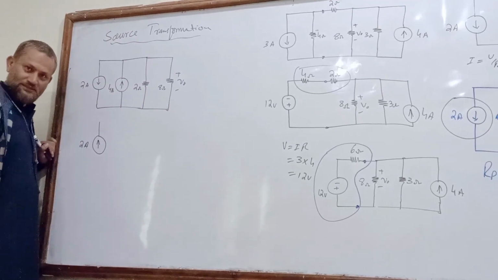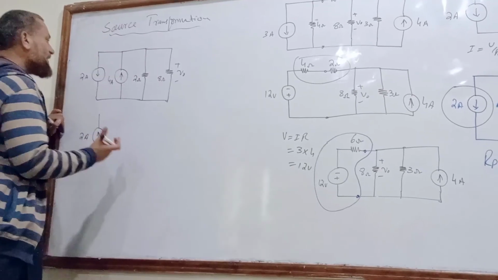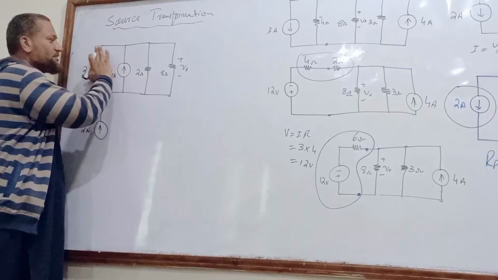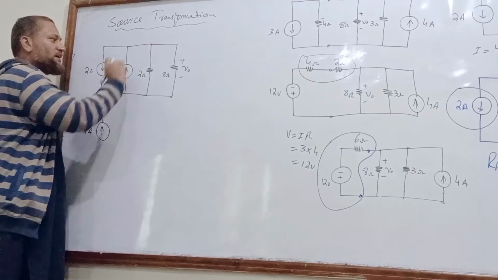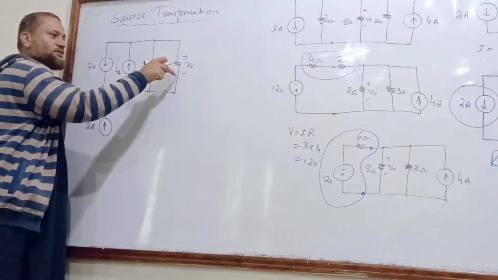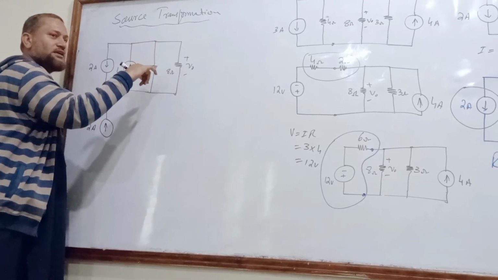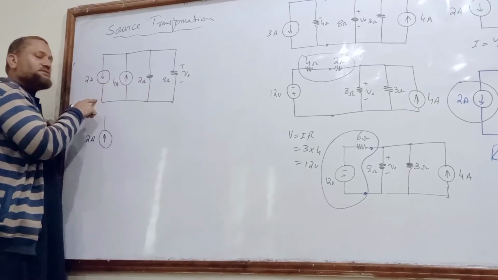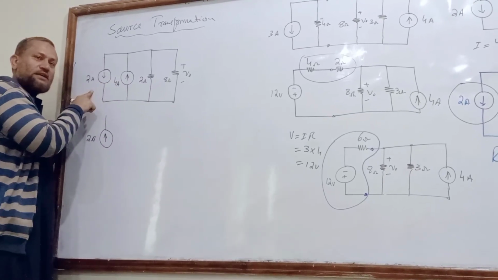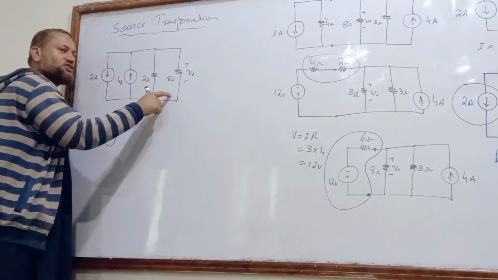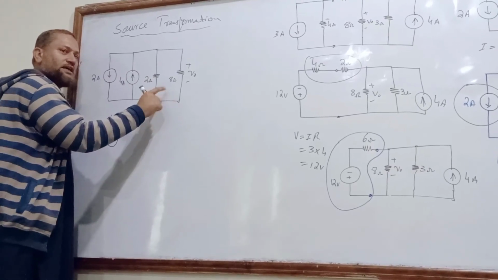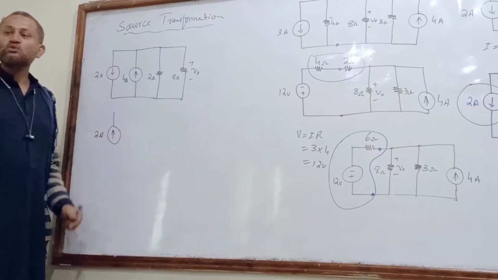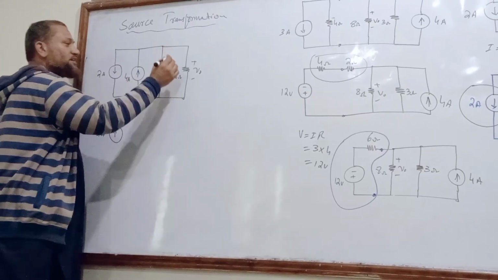Understand? Now separately we can calculate the current to each resistor. Consider this source, find the current to these two resistances by the current divider formula. And then consider these 2 ampere and find the current to the 8 ohm resistor by the current divider formula, and then add the currents.